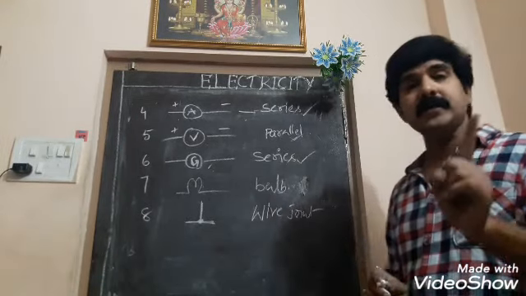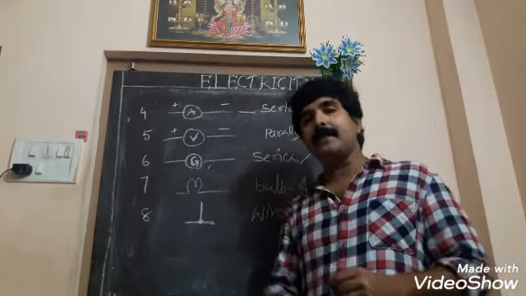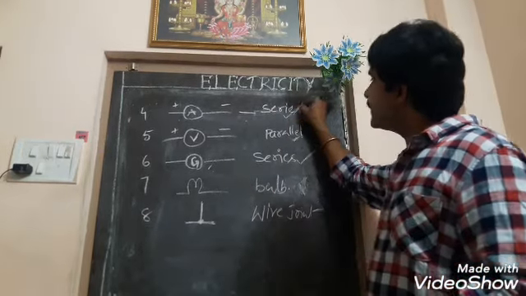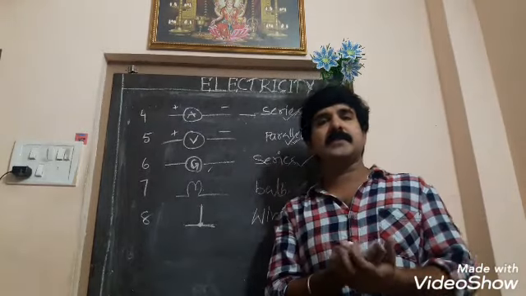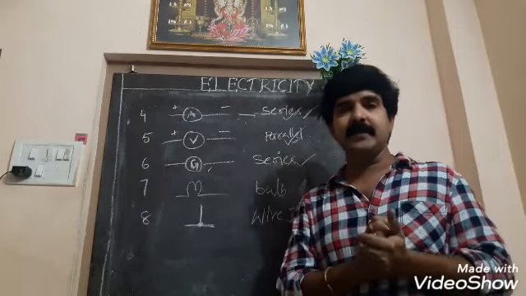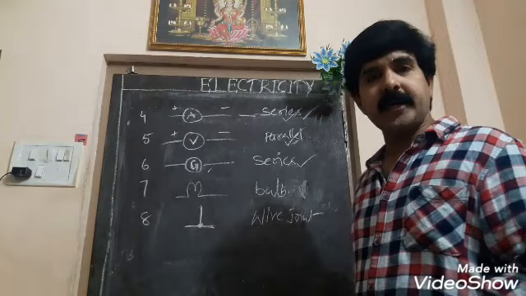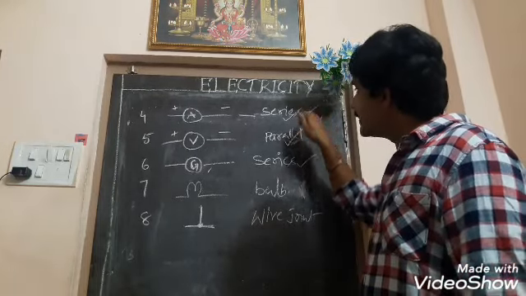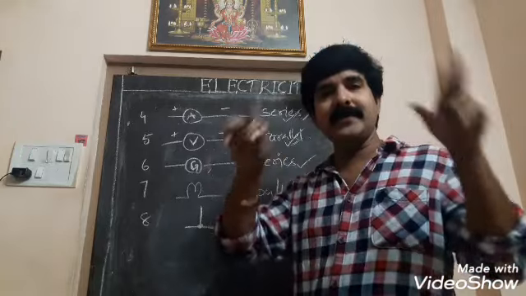But I won't tell you the circuit right now. I will tell you after completing what is series connection and what is parallel connection. If you know series and parallel connections, the circuit can be drawn easily. After completing series and parallel, we will go to the circuit of the total devices.